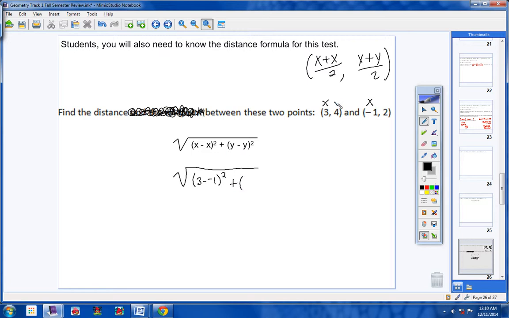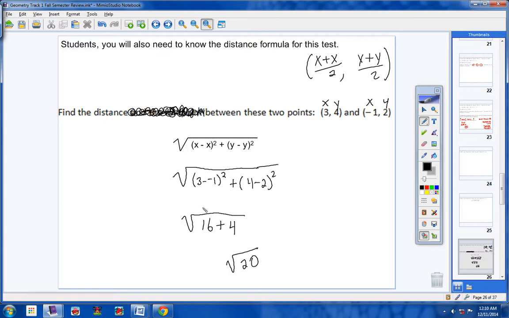Well, this is my y, 4. This is my y, 2. So 4 minus 2 quantity squared. Now let's come back over here. 3 minus a negative 1 is 4. 4 squared is 16 plus 4 minus 2 is 2 and 2 squared is 4. So the answer would be the square root of 20.